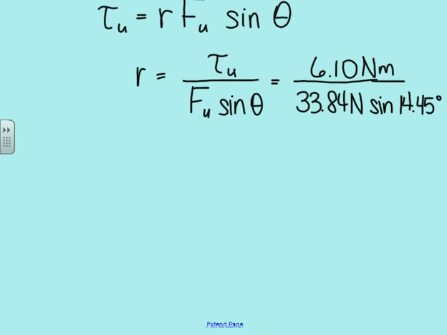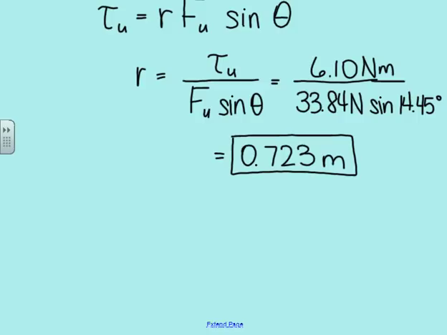So I plug this all in, and I find that this unknown force is located at 0.723 meters, or the 72.3 centimeter mark. I know that this answer is logical because it is located somewhere on the meter stick. If you had gotten a number that was larger than 1, you would know that you did something wrong.